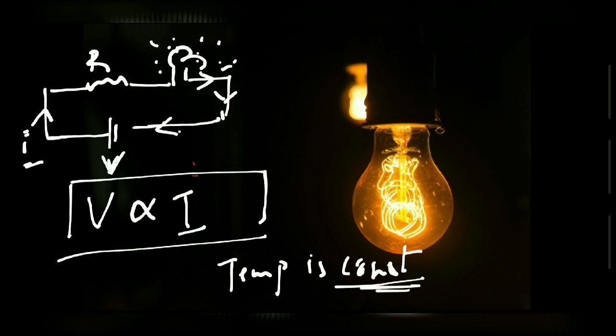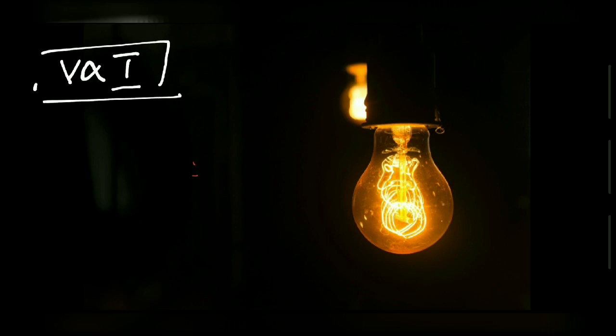So suppose at a given temperature, the voltage and the current are directly proportional. Okay, so this is what Ohm's law states. V is directly proportional to I, if the temperature is constant or the same.